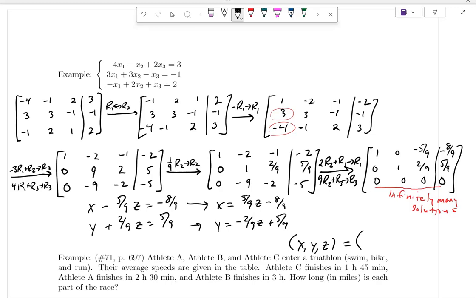Okay? So your x coordinate will be written as 5/9 z minus 8/9. Your y coordinate will be negative 2/9 z plus 5/9, and then a z for your last one. And that would be your solution. So that's when you get your infinitely many solutions in that case.